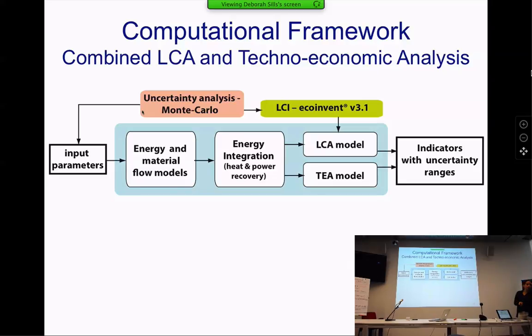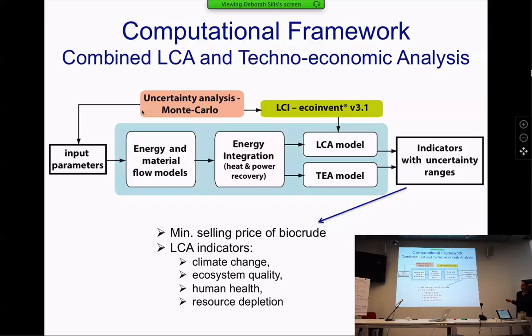We used ecoinvent for what we call background processes, things like electricity, replaced fossil fuel, etc. And we did uncertainty analysis with many of the input parameters, not all of them. Then we got indicators with uncertainty ranges: the minimum selling price of biocrude, and then these 4 indicators from IMPACT 2002+: climate change, ecosystem quality, human health, and resource depletion.